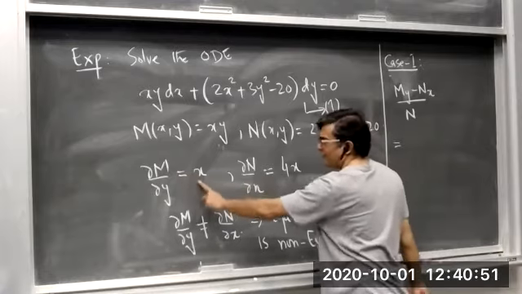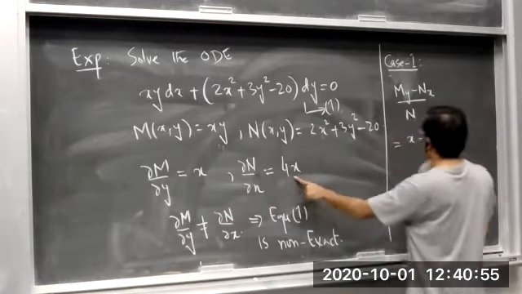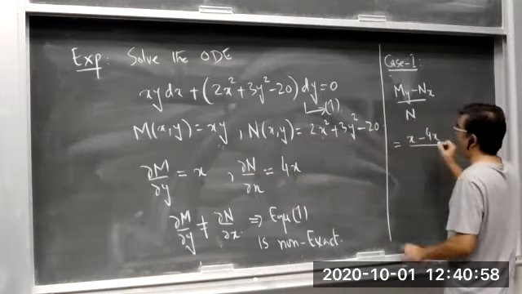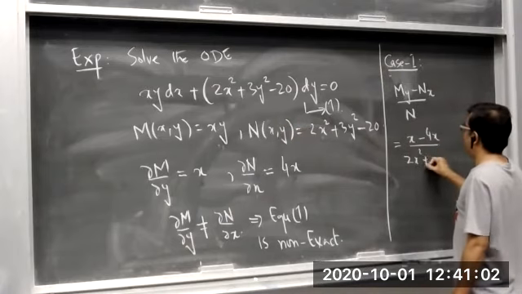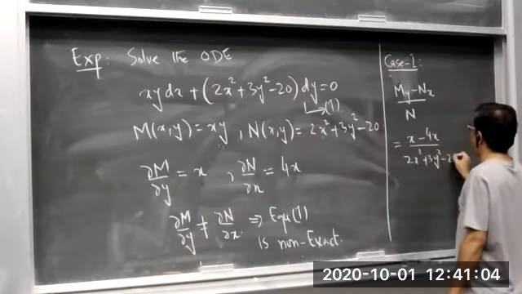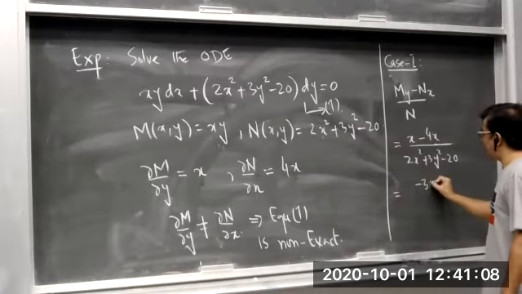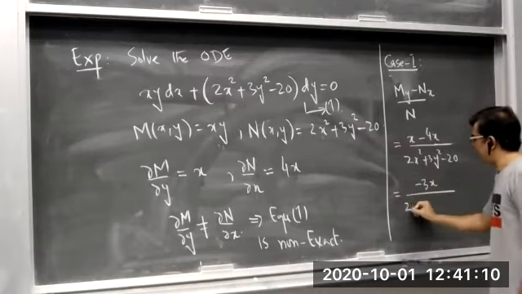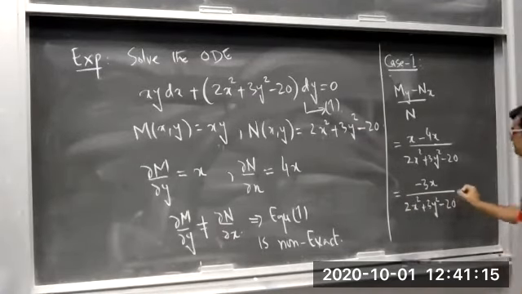It is x minus nx, which is 4x, divided by n. What is your n? 2x square plus 3y square minus 20. And we can write it as minus 3x whole divided by 2x square plus 3y square minus 20.